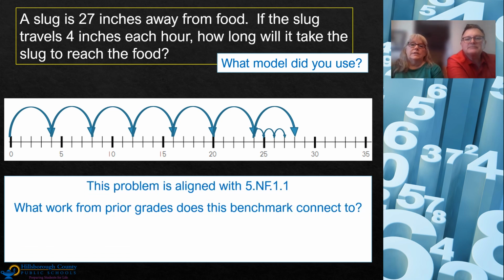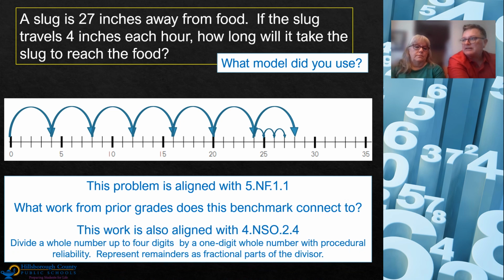Yes. So this is a problem that's aligned with our 5th grade benchmark NF11. But what work from prior grades does this connect to? Well, what you just saw previously, and now the 4th graders are getting that this year. But these 5th graders that we currently have have not had that experience, so it's important to point out.